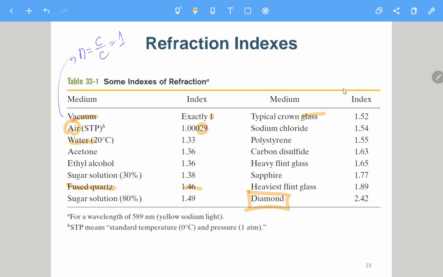If the refractive index is larger, then there is more probability for total internal reflection to happen. So actually the diamond is very shiny because it has a large refractive index.